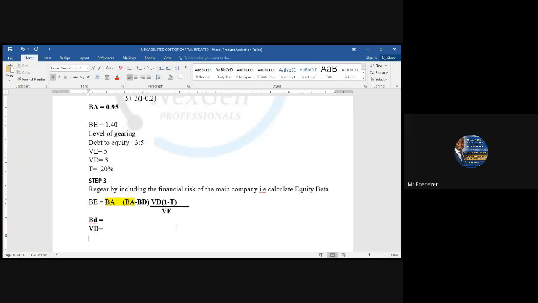What is the value of equity? What is tax?